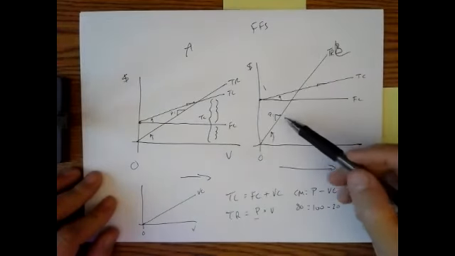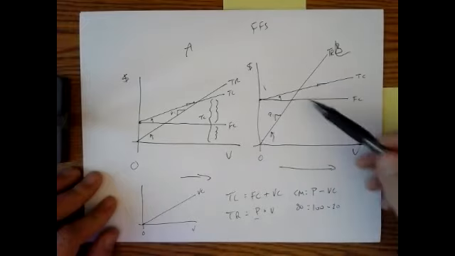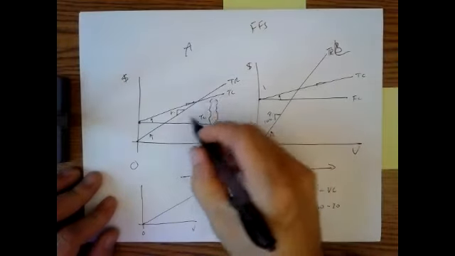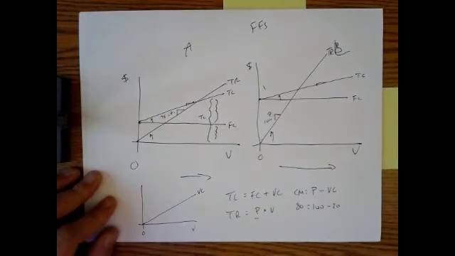So this would be the difference between, say, B is 100, and if this is shallower, then A's must be, say, like 75.